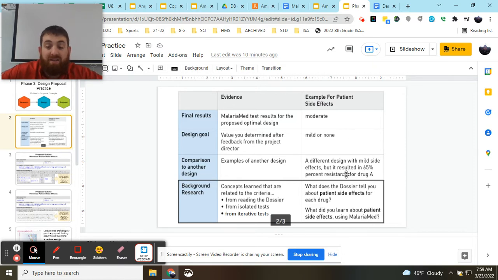We needed to compare it to another design and talk about why it was better or more optimal than another. And then we had to look at other background research, whether it was information from our dossier, from our isolated tests, or from other iterative tests, to help us explain why our test was optimal. And we had to put that into our outlines.